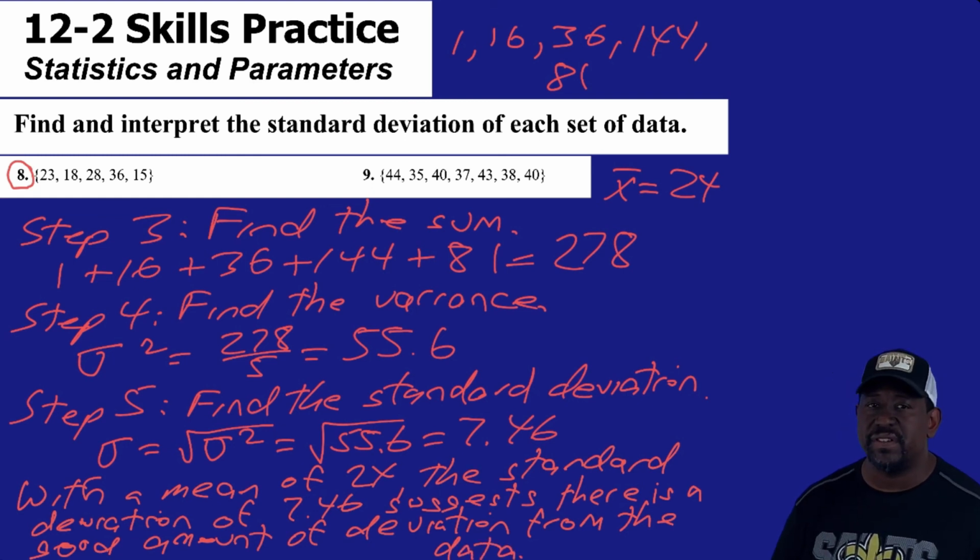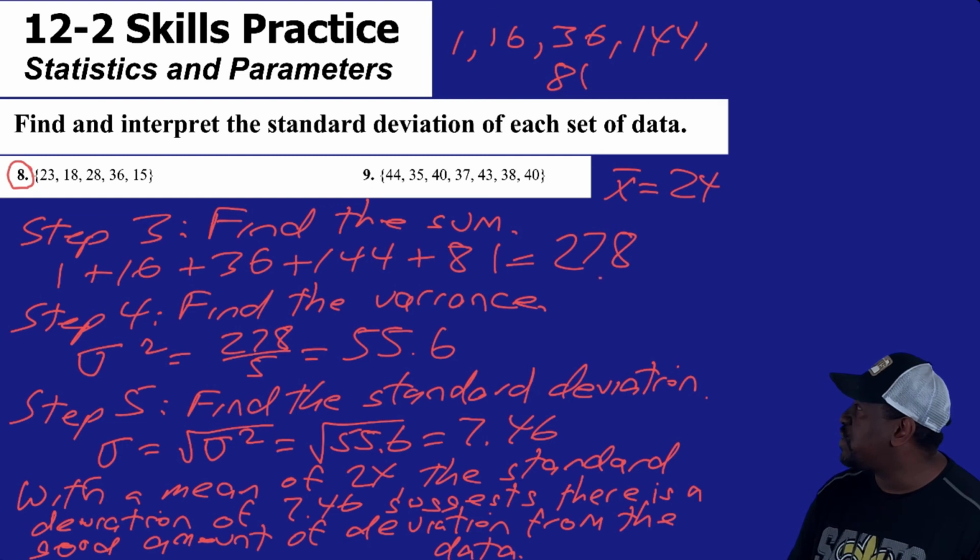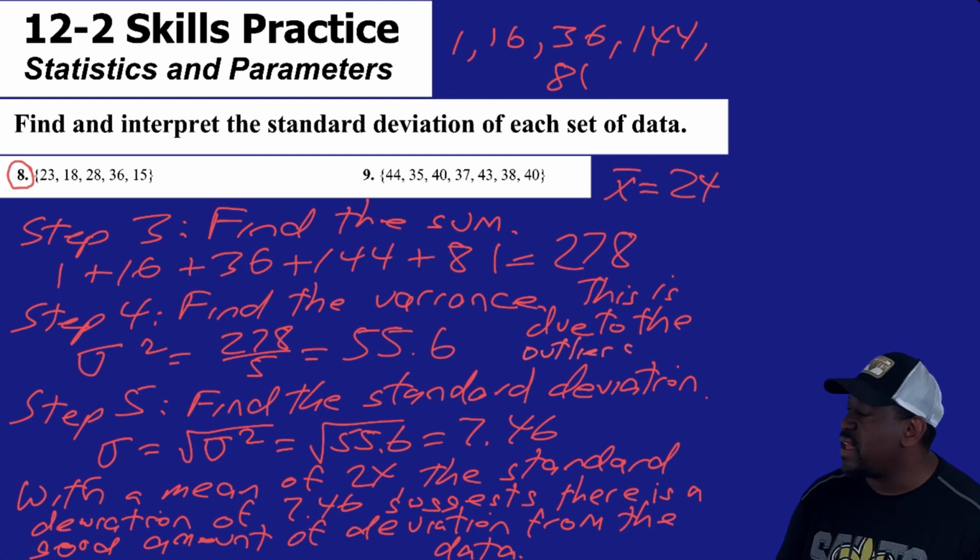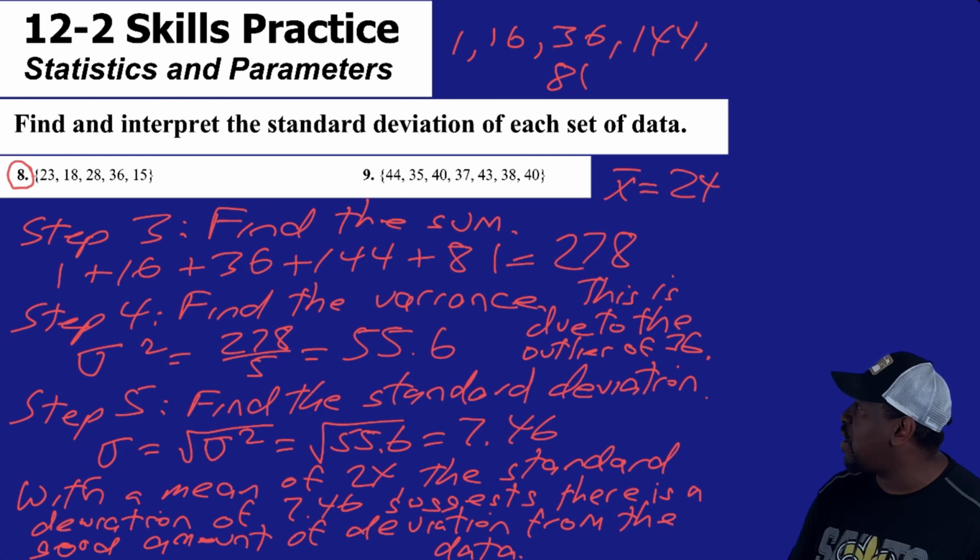There's a good bit of distance between each value and the mean. The NOLA Mathman concludes this is due to the outlier 36, which is one of the values that is far away from the mean of 24.